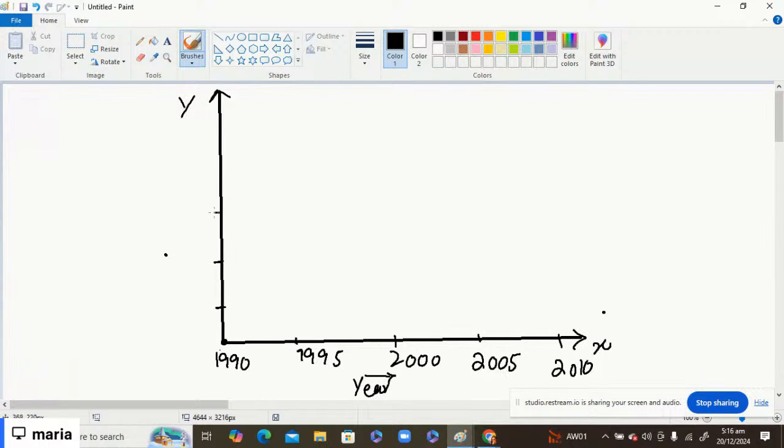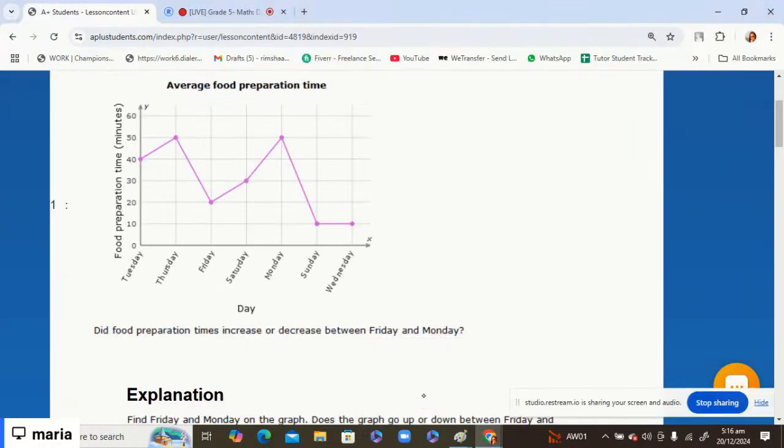Now here the number of years is given, and the thing which is given is the food preparation in these years.